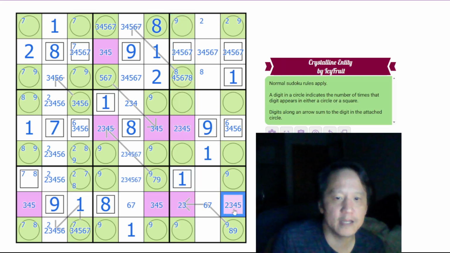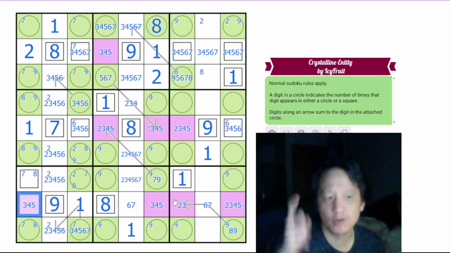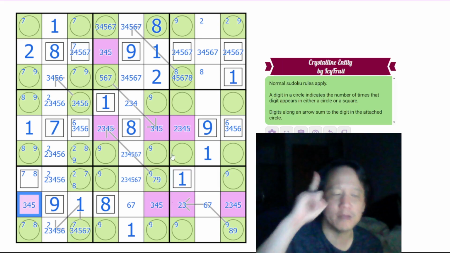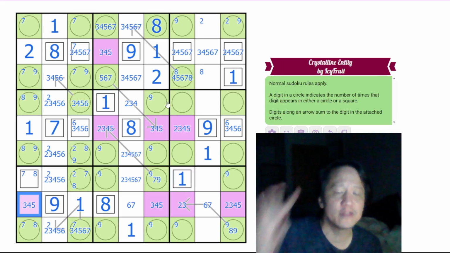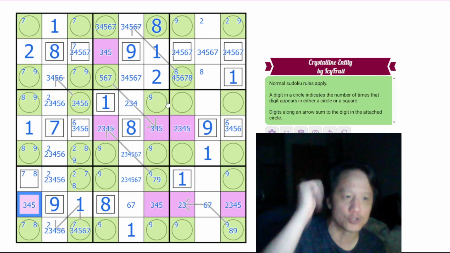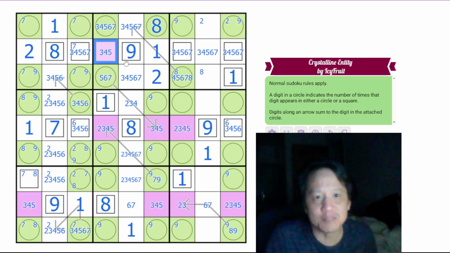It could be any of those 4. But the problem is it can only be one of those for those 4 columns. Everything else has to be a circle or a square. So this must be a 3 here to satisfy it, right?